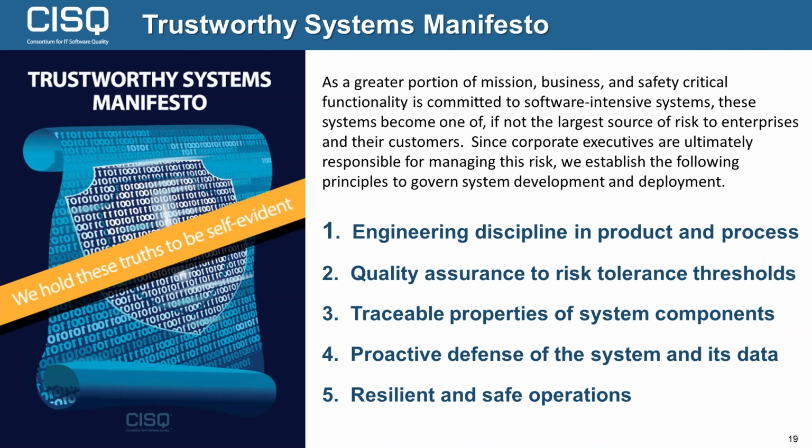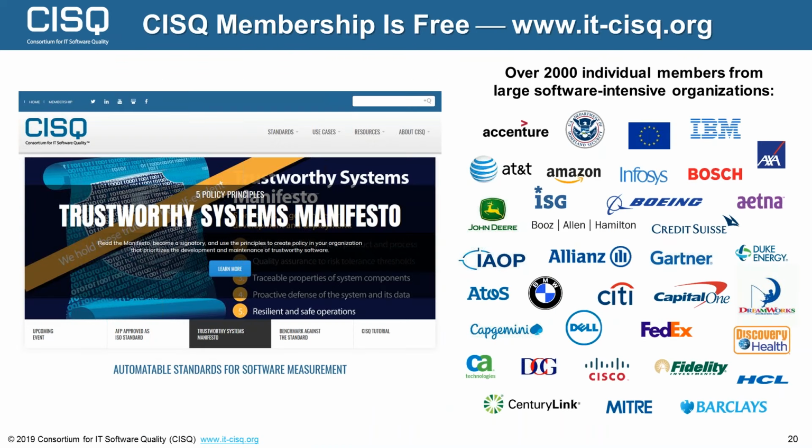You know, where are these components coming from, and what do we know about them that present risk to the business? Obviously, proactive defense of the system and its data, the security issues, and at the end, reliability and safety issues. So this is on the CISQ website. It's available for you to read. There's more detail about each of these 5 areas, and we encourage you to read it and sign it.